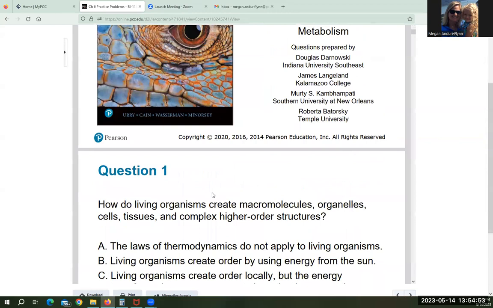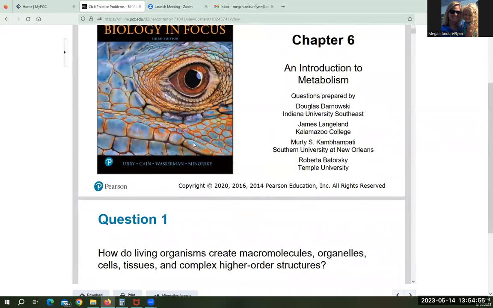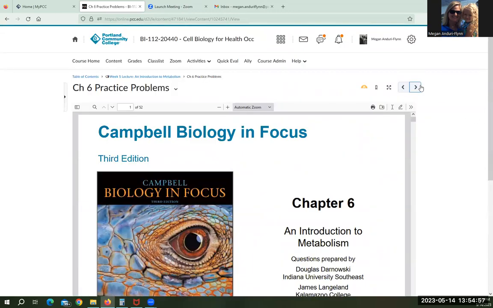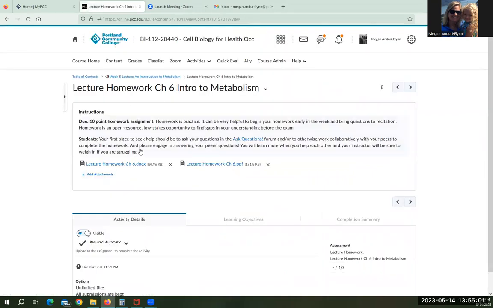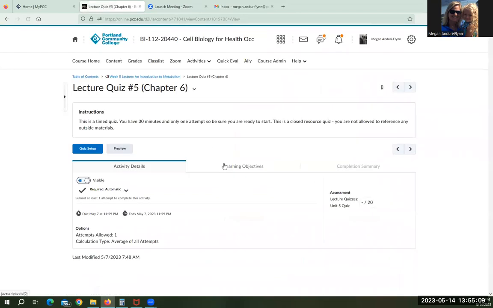These practice problems will be used to check to make sure that you are understanding everything. Okay. Always go back and look at your homework assignments. You'll notice sometimes those same questions or very similar questions show up on the exams. And then feel free to go back and look at your old quizzes as well to see what you missed. So all of those will help prepare you for the exam.